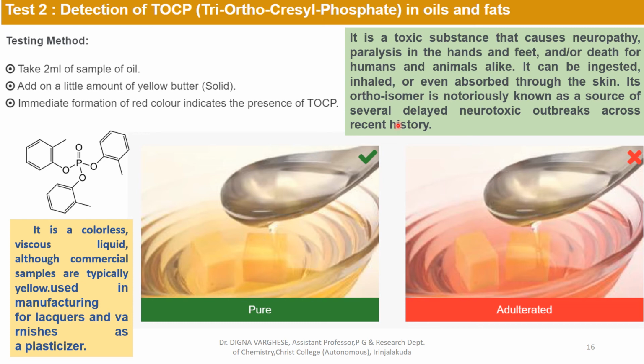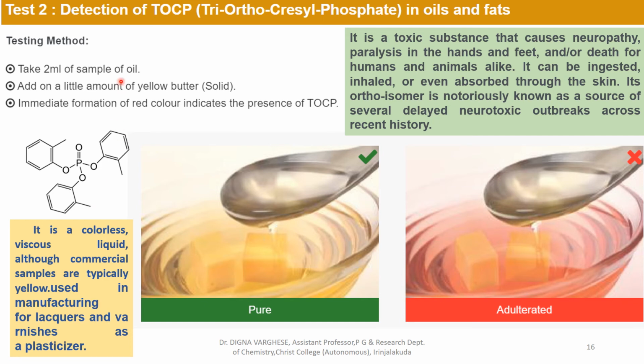It can be ingested, inhaled, or even absorbed through the skin. Its ortho isomer is notoriously known as the source of several delayed neurotoxic outbreaks across recent history. So it is a highly toxic substance used as an adulterant in vegetable oils.